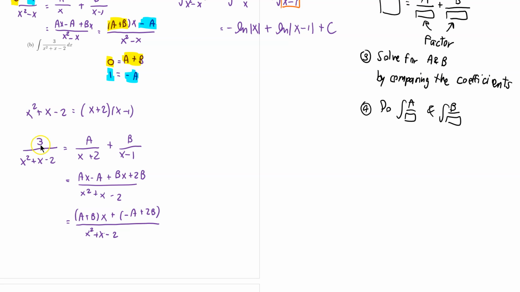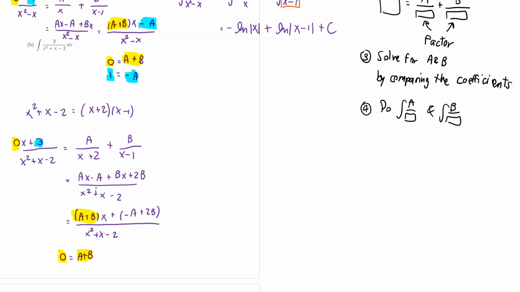This 3 that we see here is just 0x plus 3. So the coefficient for x and the constant term that we see here have to be equal. In other words, this 0 here has to equal a plus b. So that's going to be my first equation. Let me write here: 0 has to equal a plus b. That is my yellow equation.